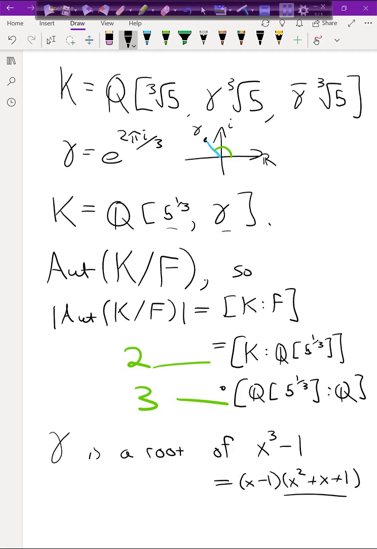Remember, this quadratic is irreducible. Gamma is definitely not a root of x minus 1, so it's got to be a root of this irreducible one.